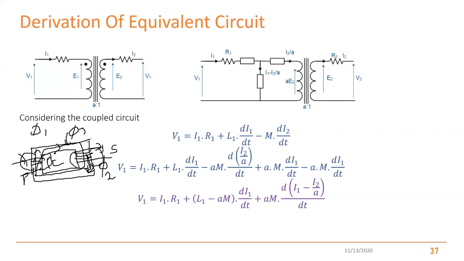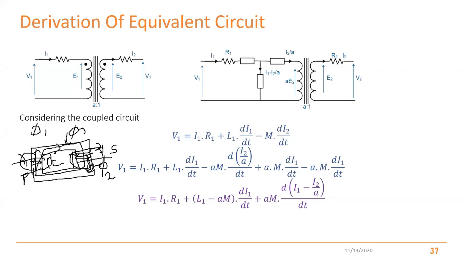As we learned earlier, we have mutual coupling. Mutual coupling means the current of one coil also affects the voltage induced in the other coil.